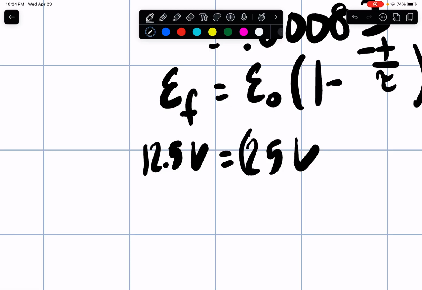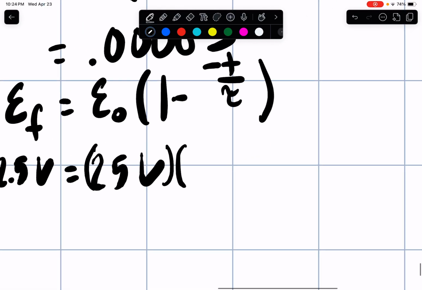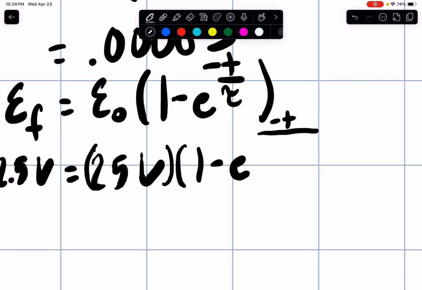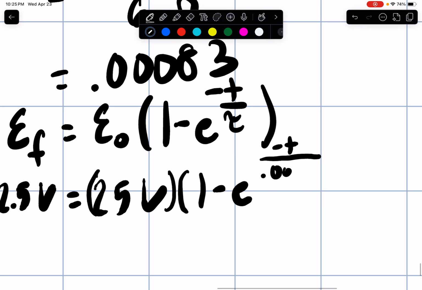And this will be, on the right side, 1 minus, forgot the e there. That's the equation. Don't forget the e. So that'll be 1 minus e to the negative t, which is what we're trying to find, the time at which they meet. And your tau is 0.00083.